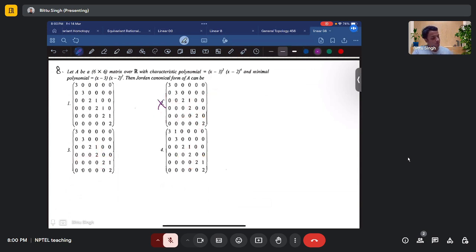This is not possible. And similarly, there is only a single Jordan block. So this is not possible because of this. And similarly, this is not possible because of this. There are 3 Jordan blocks.